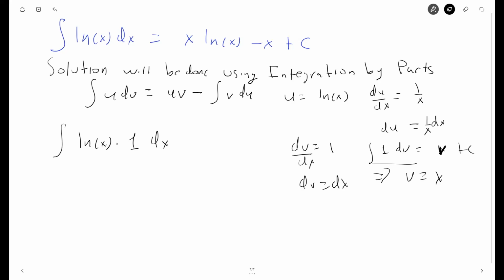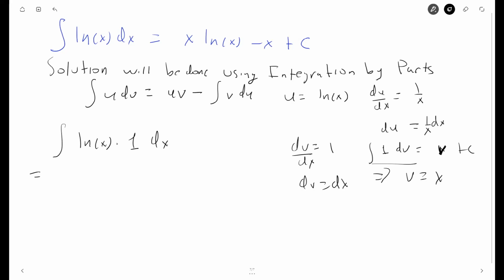Okay, so now we're going to substitute into the integration by parts formula.